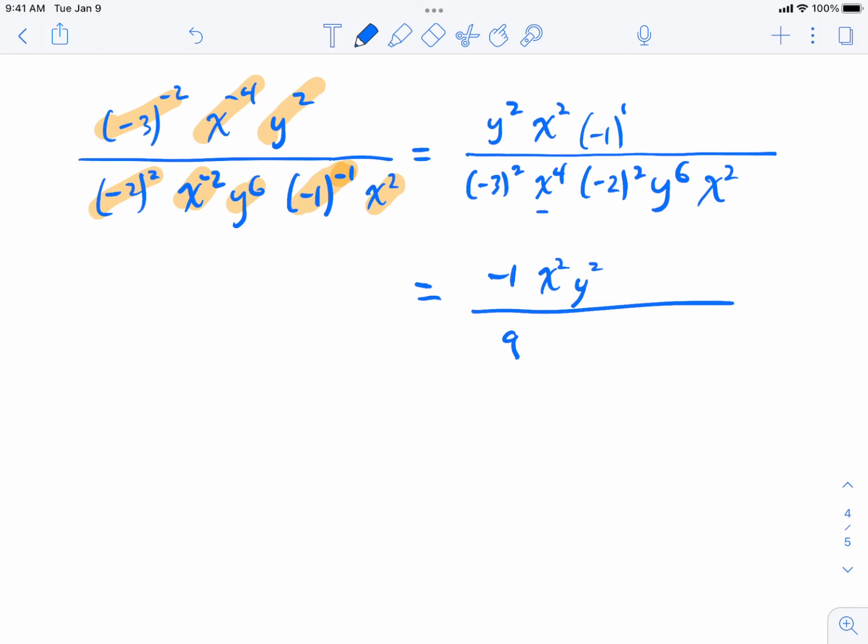Looking at the x's, the 4 and the 2 add up to x to the 6th. This negative 2 squared thing here is going to become a positive 4. And then y to the 6th doesn't combine with anything else. So there's all my pieces. Notice that I've got a negative answer. Just put it out front.